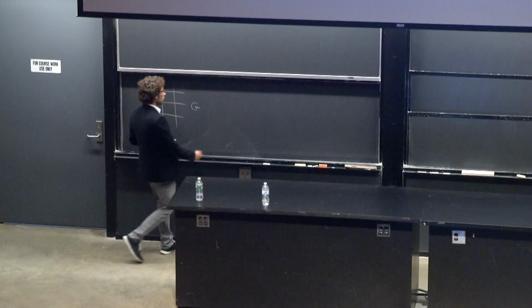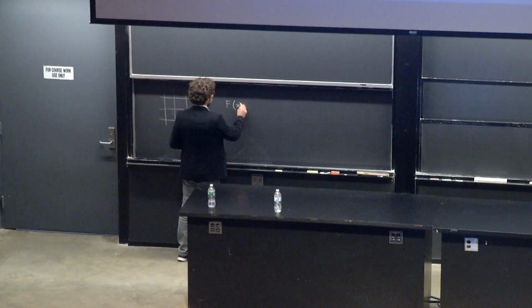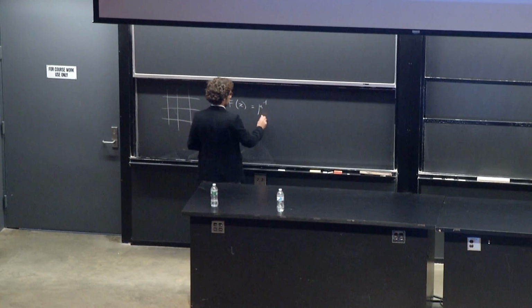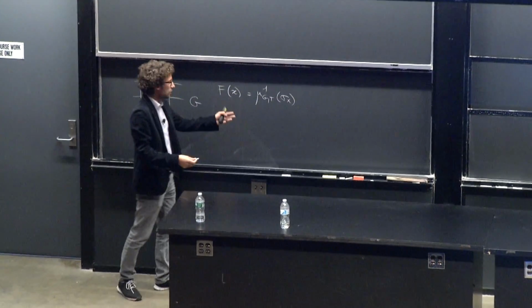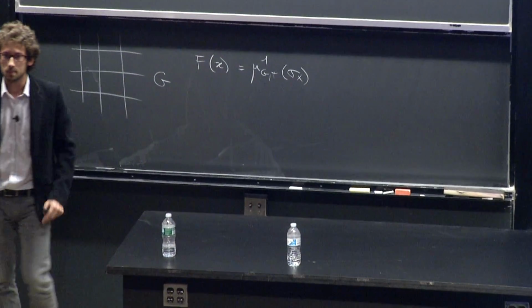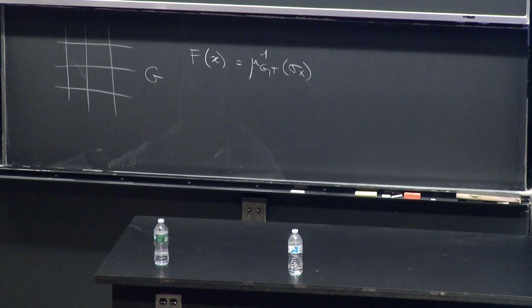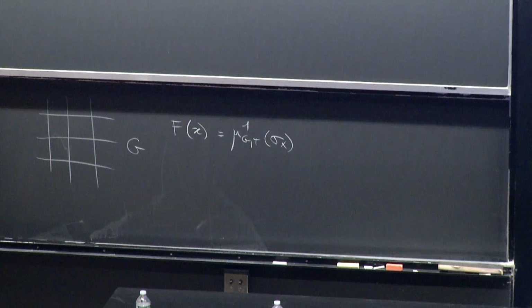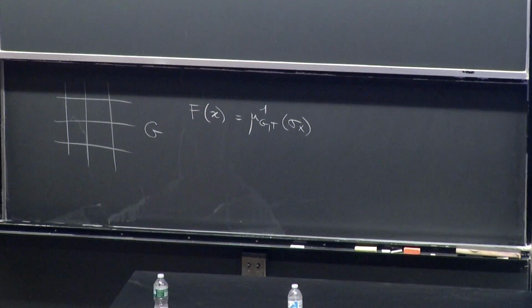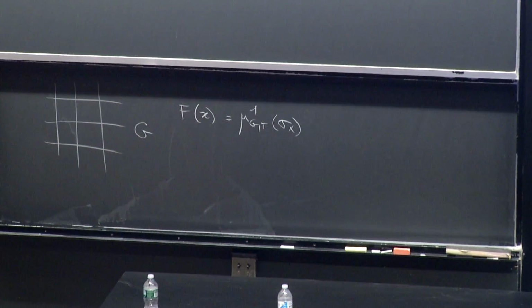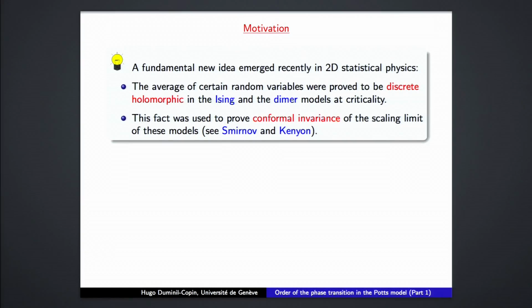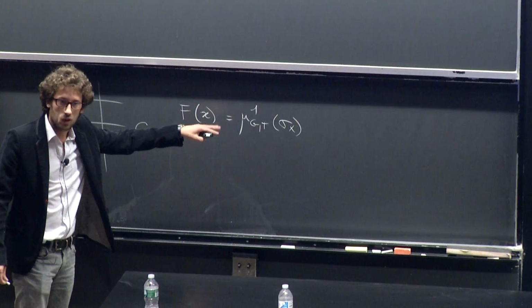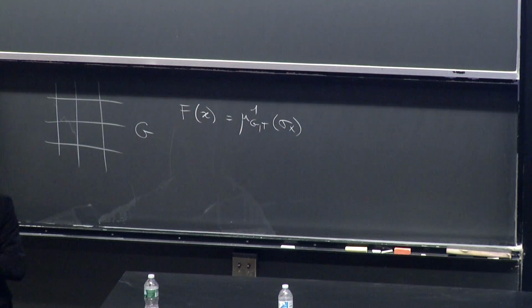Just take, for instance, a function f of x, which would just be the average of the spin at x. See? So this is a function of the vertex. And you can look at its properties as a function. And basically what Smirnov and Kenyon did for two different models, for the Ising model and for the dimer model, which I'm not going to define, is that they noticed that not really this function, but functions of this type are discrete holomorphic.